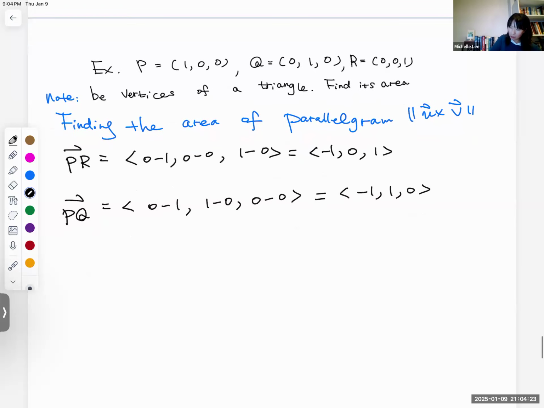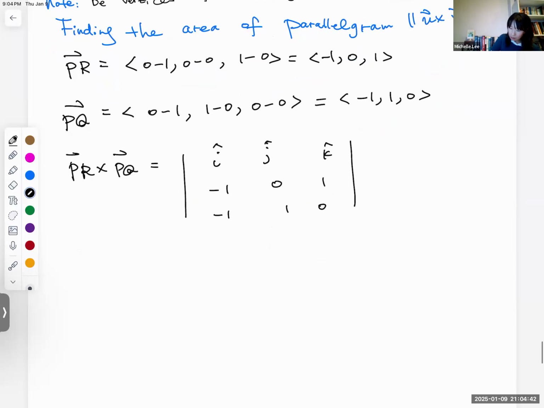Okay, let's make a cross product with the two vectors. I, J, K, negative 1, 0, 1, negative 1, 1, 0.